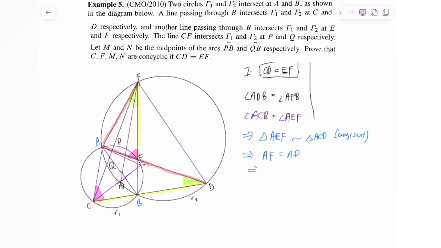So what does this mean? This means that here and here are equal. That means this angle and this angle will be equal due to isosceles triangle AFD. So angle AFD equals angle ADF.